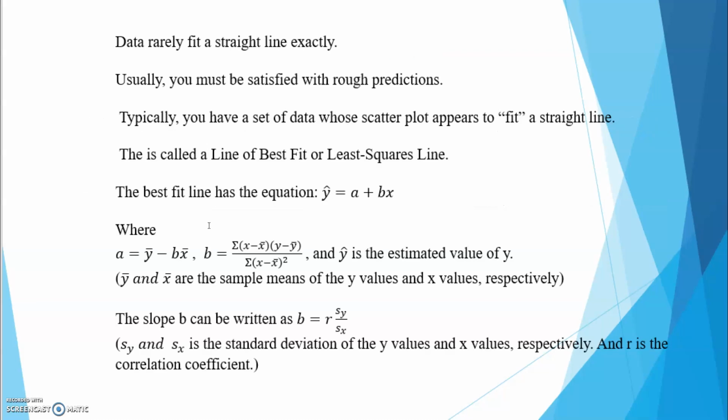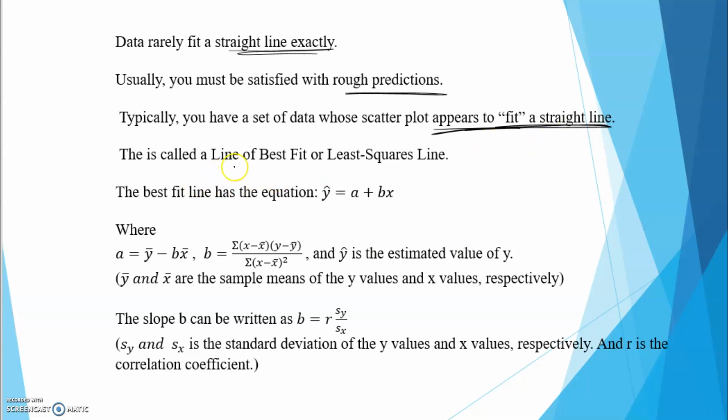Okay. So most of the time you're not going to have your data fit a straight line exactly. Okay. So we're going to have to deal with rough predictions. So most of the time your scatter plot is going to appear to fit a straight line. Not all the actual data points will be on that line.